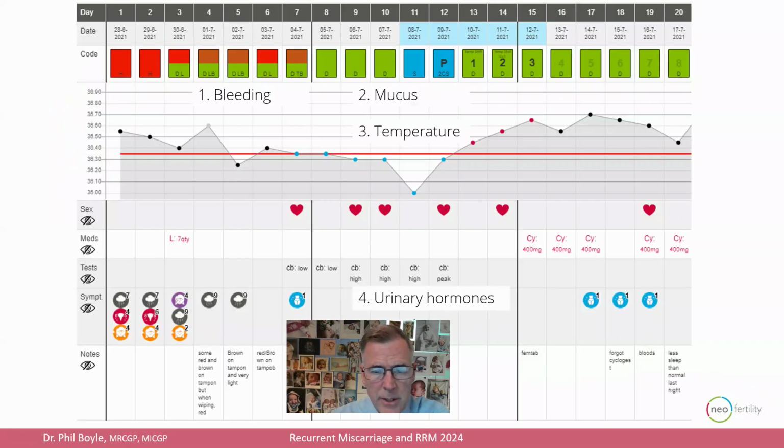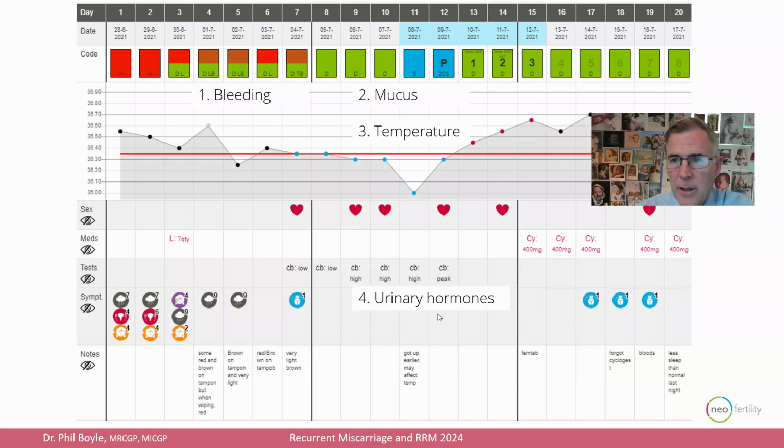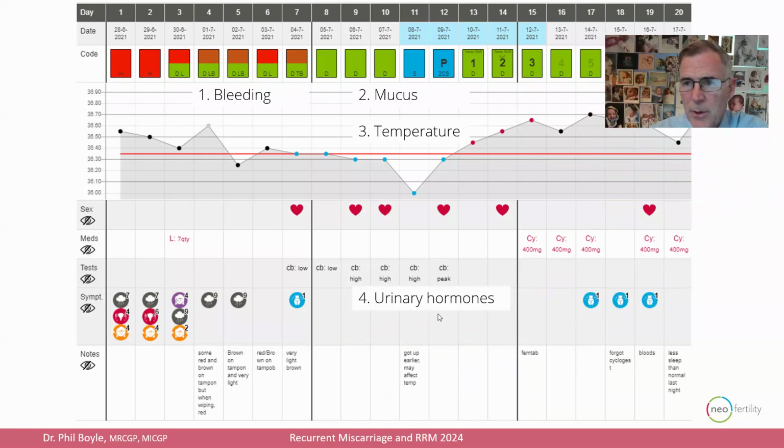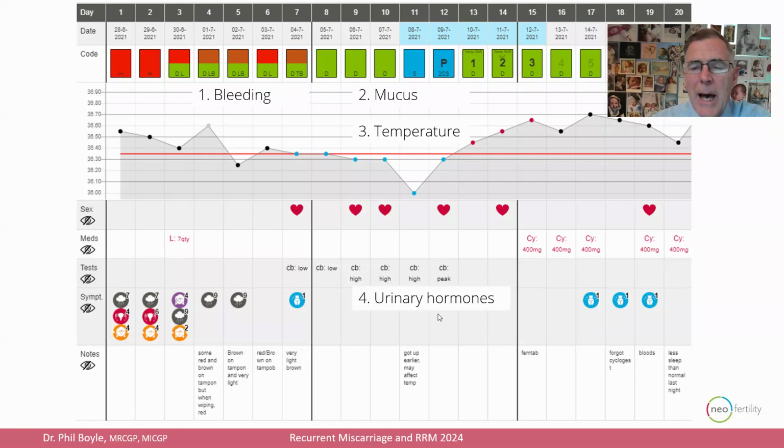And this is what we hope to see with our recorded data, with the app at chartneo.com.